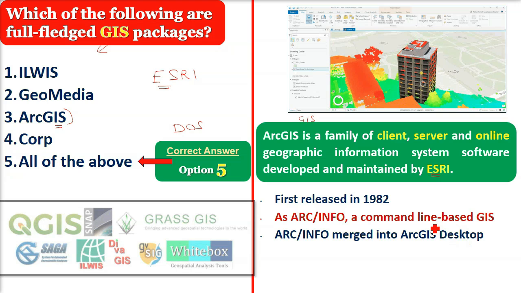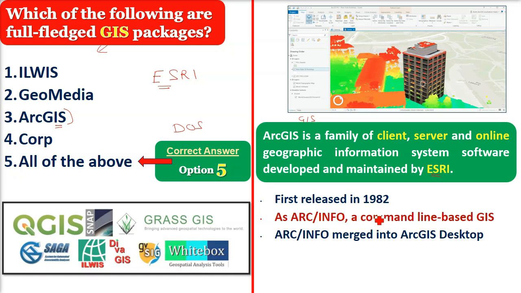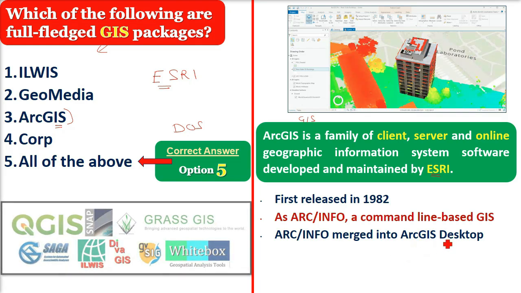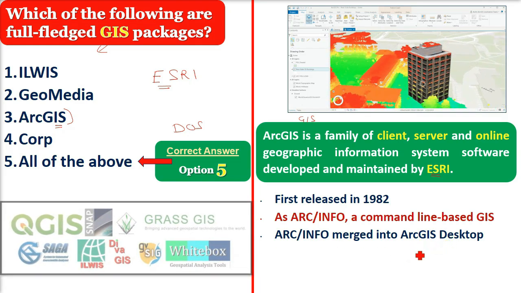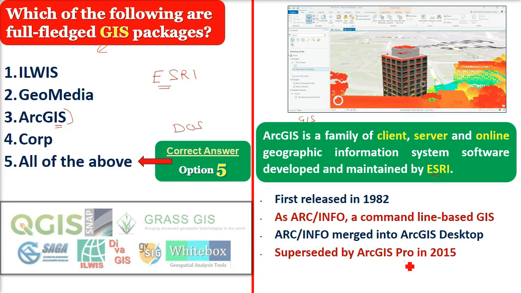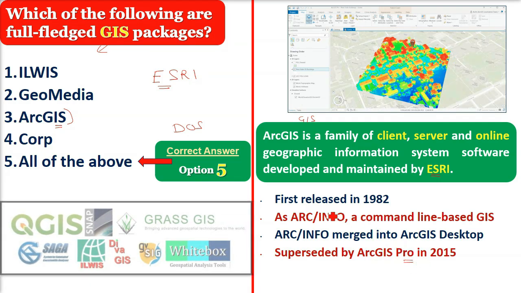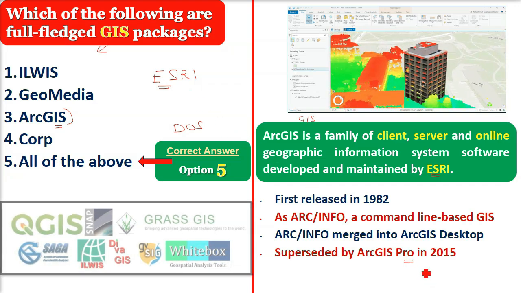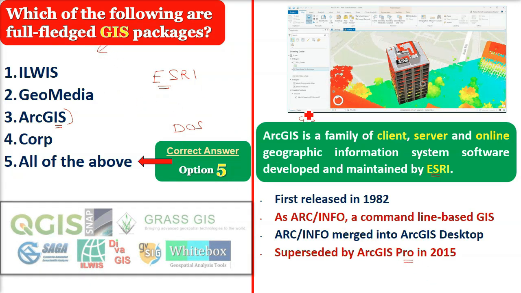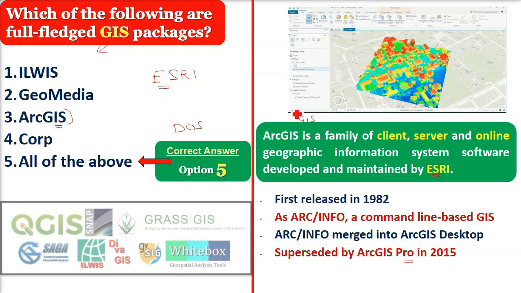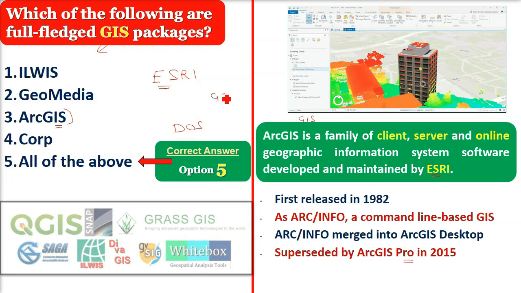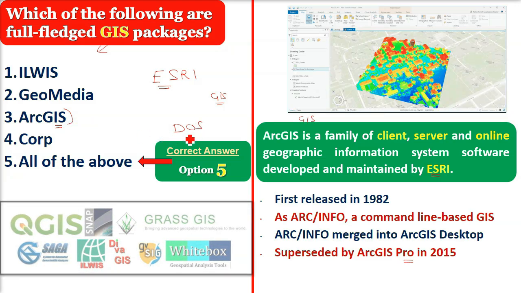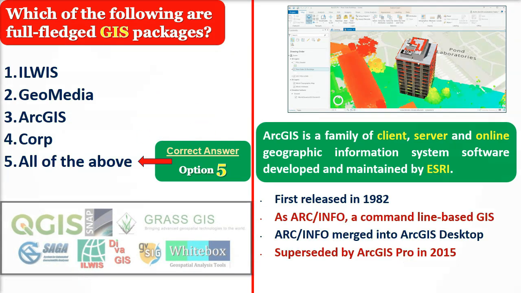So ArcInfo was later merged with ArcGIS Desktop. Previously it was just a desktop solution, but now it has eventually been superseded by ArcGIS Pro in 2015, and right now we are talking about 2024, 2025. So it has grown up as a combined GIS package with cloud services, with online services, with web services. That is how, if you ever go to any GIS institution, you will see ArcGIS.